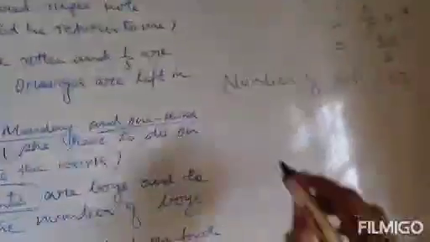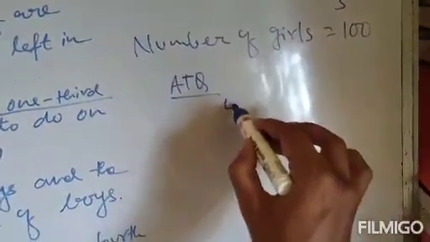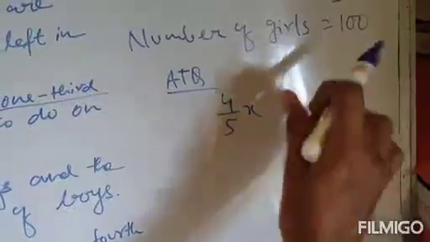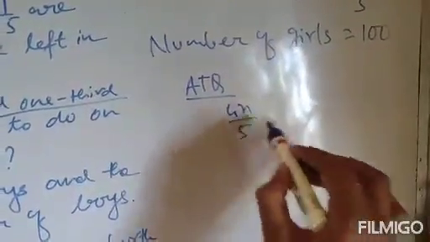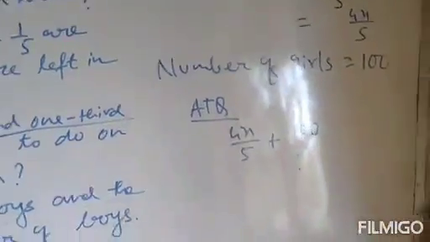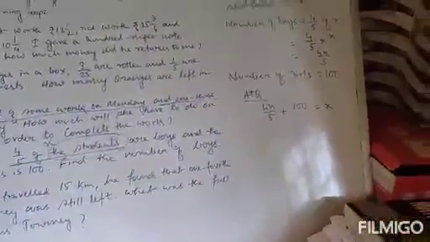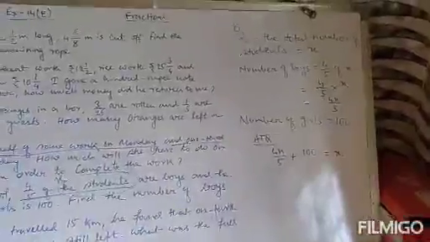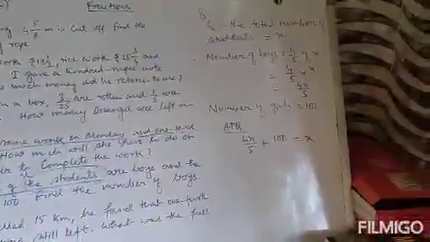That means we can write 4 by 5 x, or 4x by 5, the total number of boys, plus 100, the total number of girls, equals the total number of students, because the total number of students is x. So number of boys 4x by 5, number of girls 100. That means this will be equal to x.